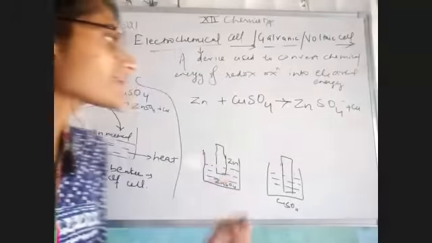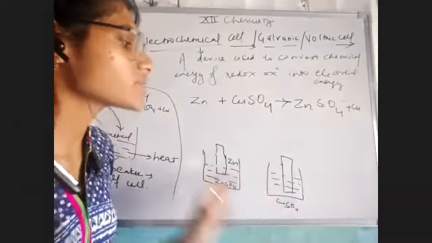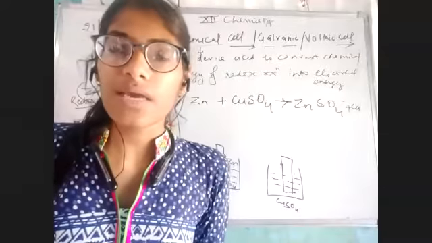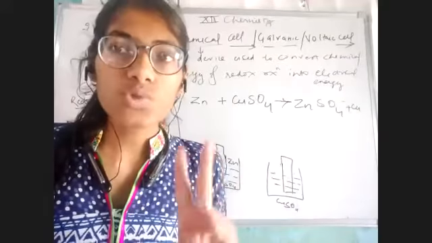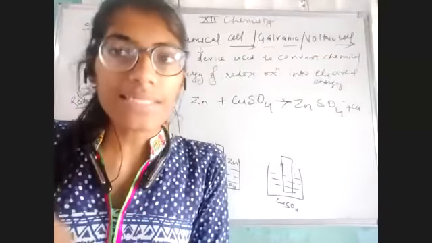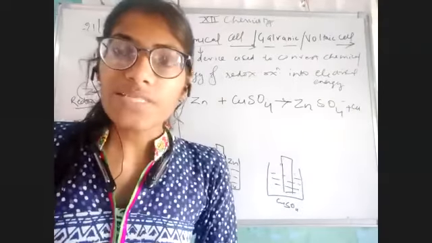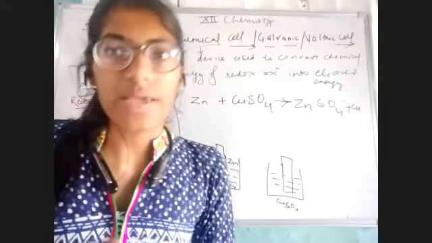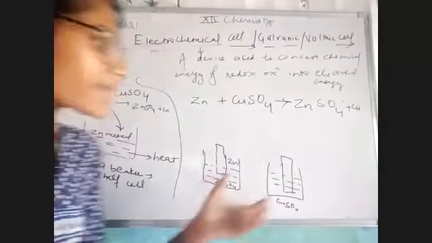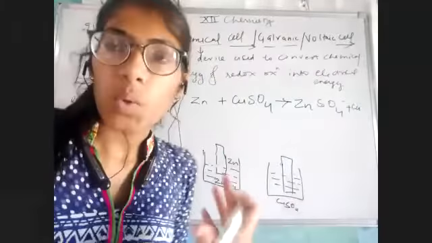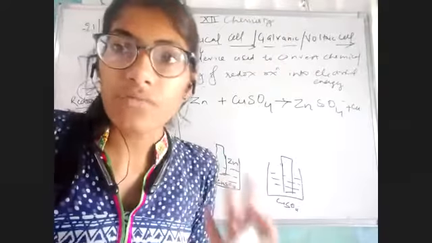So we are connecting our two half cells to make the redox reaction. The first point is I need to connect them. Only then there would be a formation of the redox reaction.